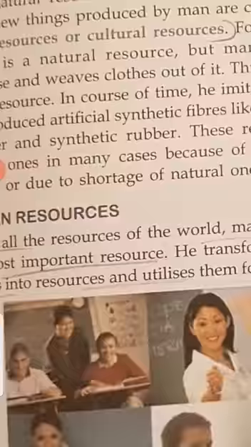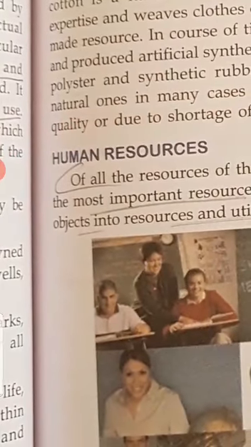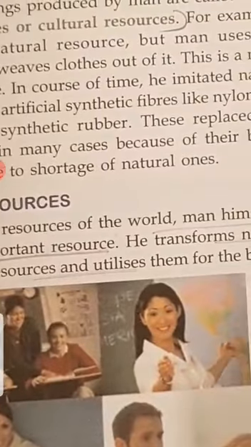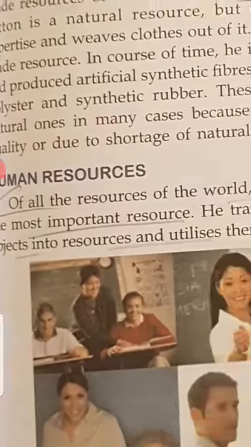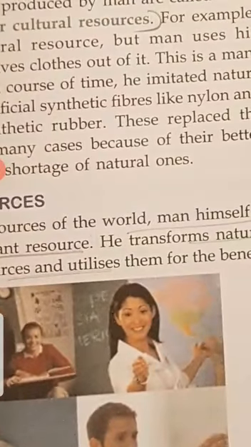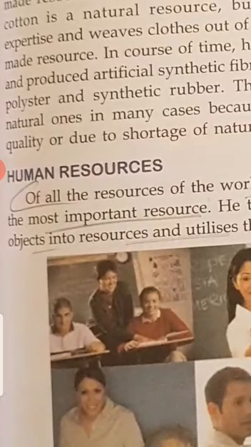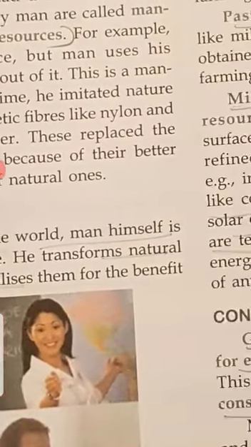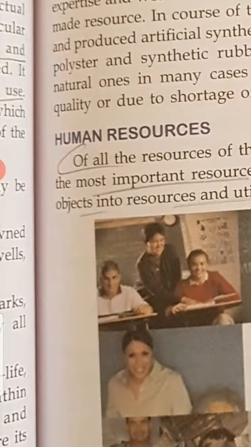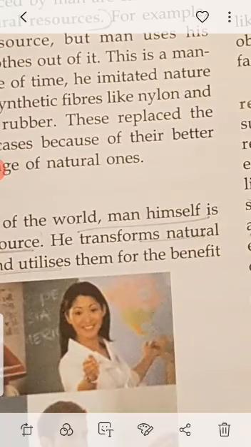In course of time, he imitated nature and produced artificial synthetic fibers like nylon and polyester and synthetic rubber. This replaced the natural ones in many cases because of their better quality or due to shortage of natural ones.